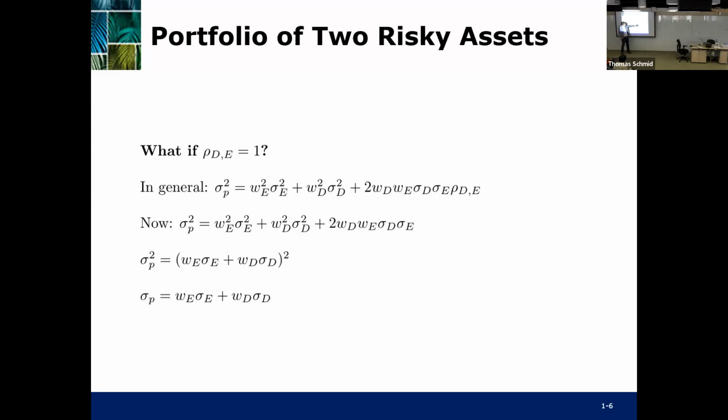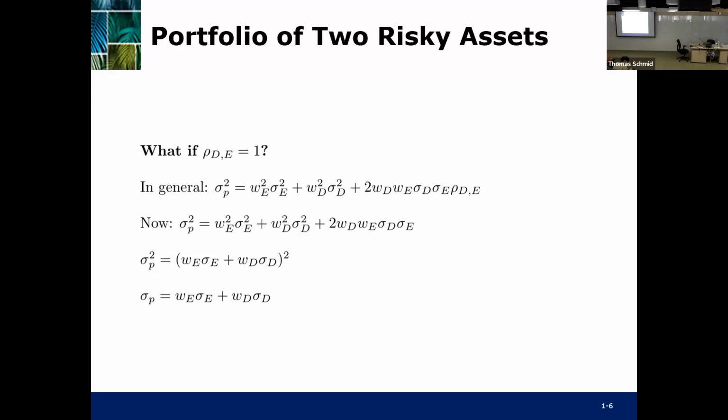If we have something lower here, like 0.8, the whole expression is smaller. The value of the expression must become smaller if we replace 1 by something less than 1. We would end up with a term that is not as nice as this one, but it must be lower than this one. This is the upper bound. So the upper bound is the weighted average. And for all other levels of correlation, we get a standard deviation of the portfolio that is below the weighted average. And this is something that is called the diversification benefit.